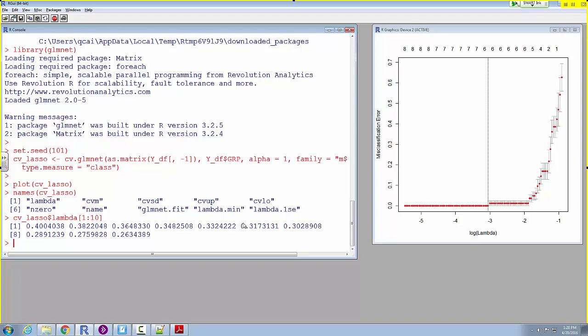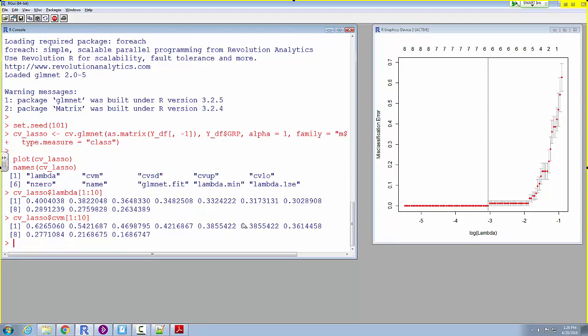Inside CVM are the cross-validation based accuracies corresponding to the different lambdas. So if you plotted the log of that versus that, you should be able to reconstruct this picture.